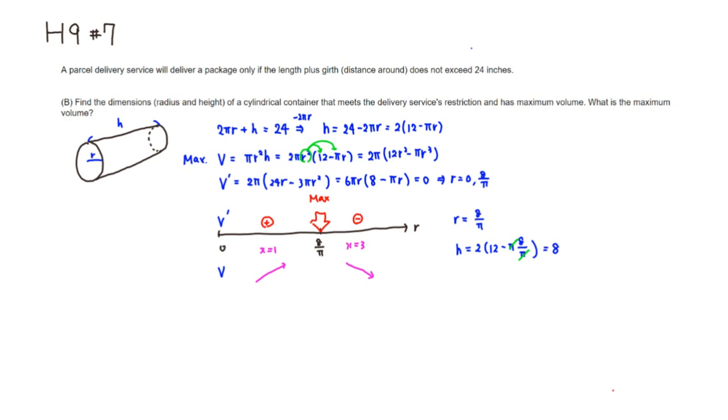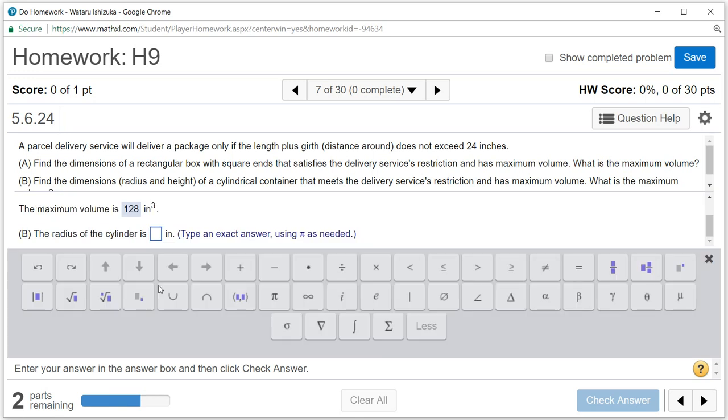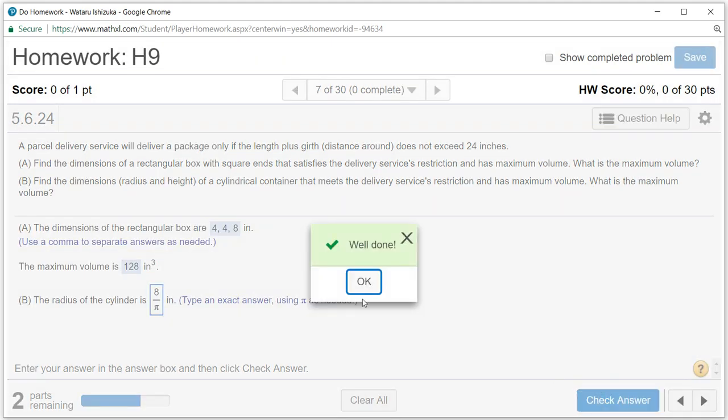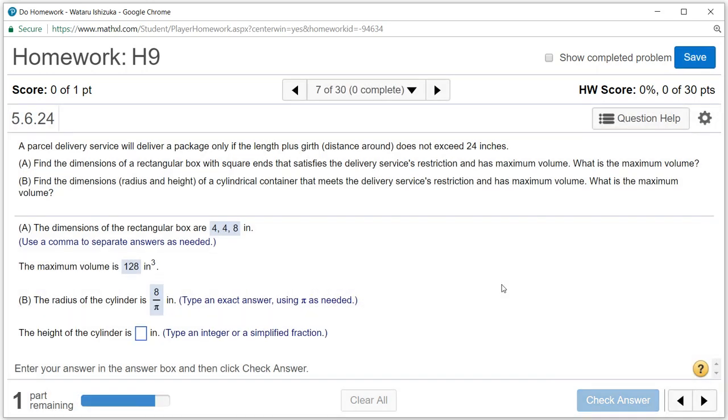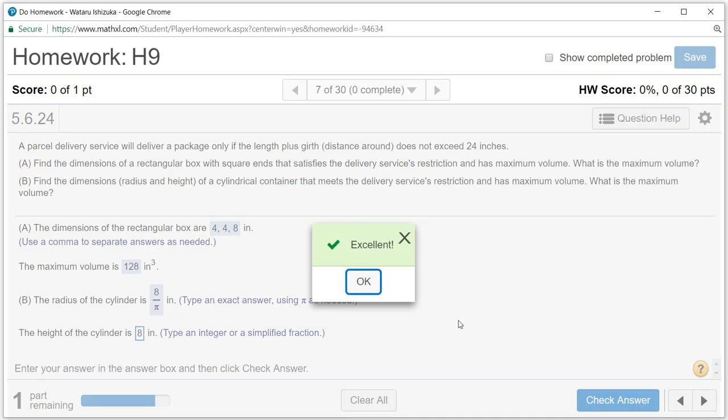So let's plug in the dimensions. The radius is 8 over pi. Check the answer. We got that. The height of the cylinder is simply 8. Check the answer. We got that.